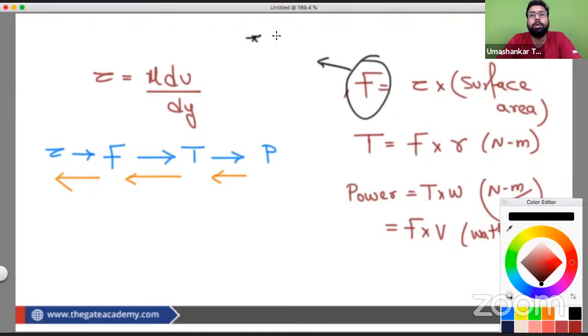This force always should be parallel to the direction of velocity, as you are going to use in Newton's law of viscosity. It should be parallel to the direction of velocity.